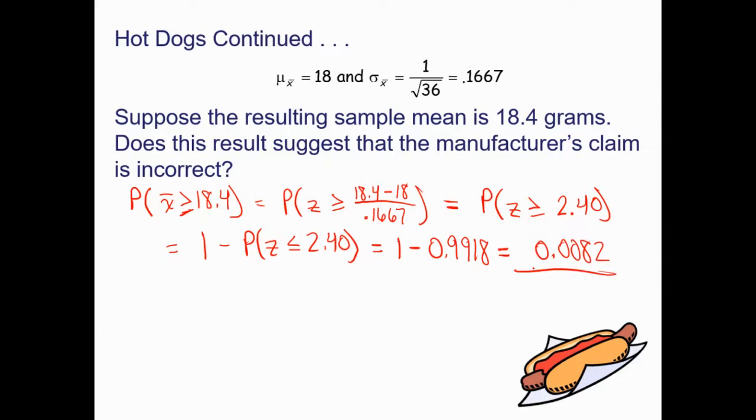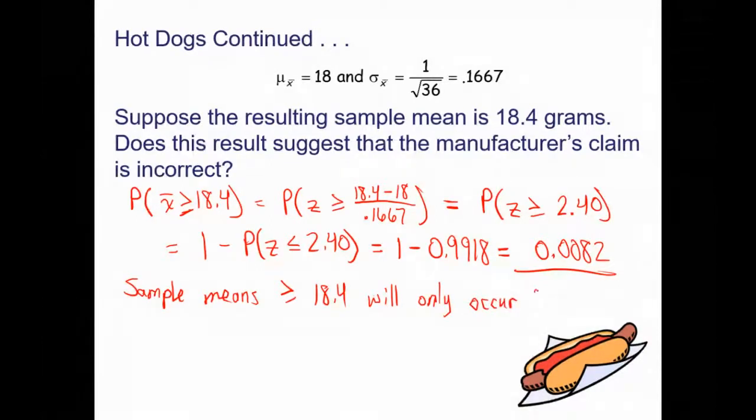0.0082. So what this tells us is that sample means greater than or equal to 18.4 will only occur 0.82% of the time. Sounds pretty good.